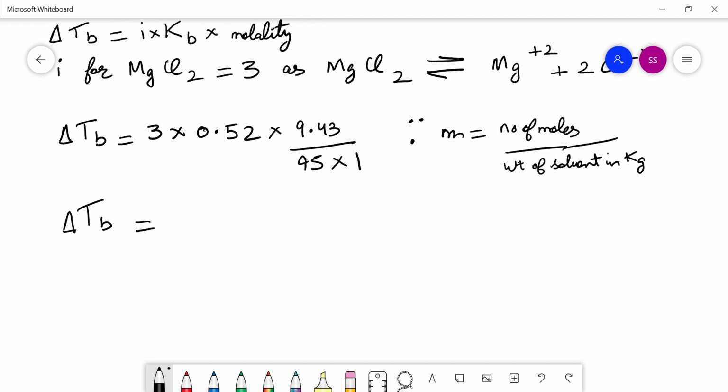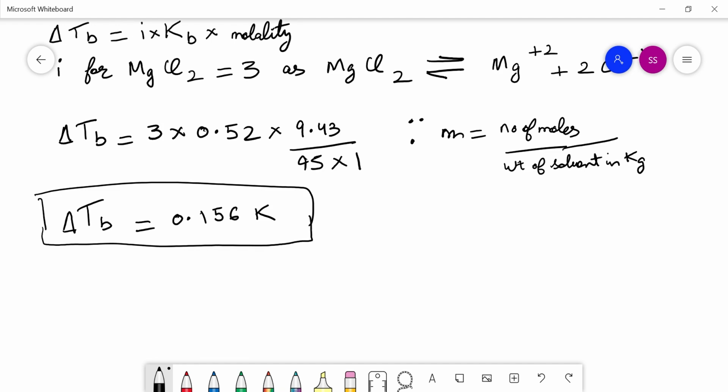Delta Tb, elevation in boiling point, is equal to 0.156 Kelvin. ये होगा इस क्वेश्चन का आंसर. अब हम देखते हैं नेक्स्ट क्वेश्चन.